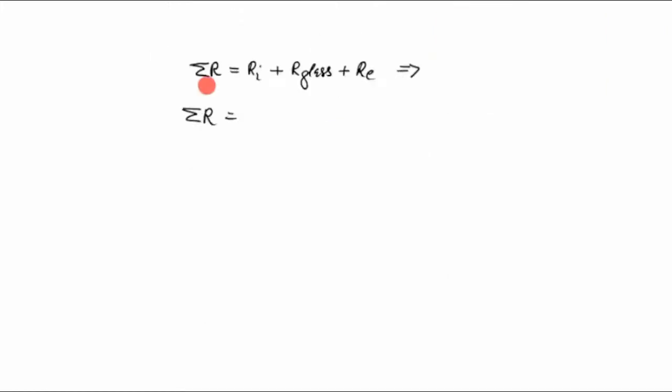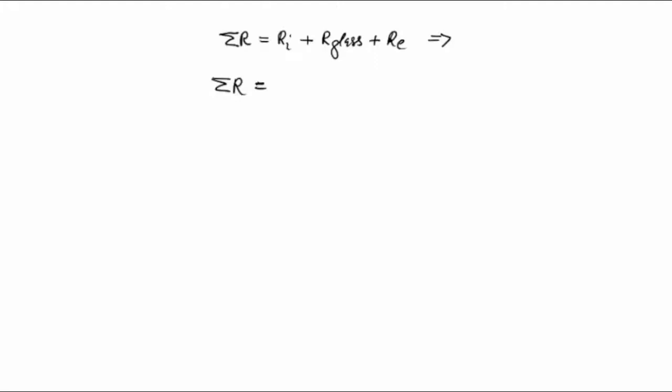Now I have to find the sum of resistance, and that is equal to internal resistance plus resistance of the glass plus external resistance. Always remember to write up the equation with symbols, and then afterwards you fill in with numbers. Internal resistance has a value of 0.13. The resistance for the glass was 3.13 times 10 to the power of minus 3.